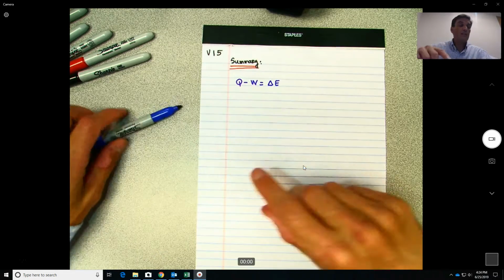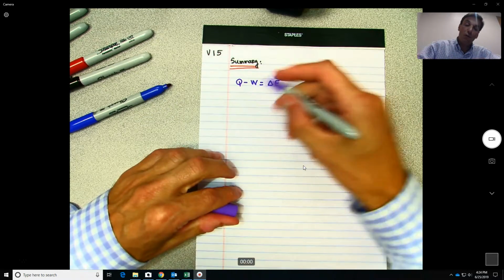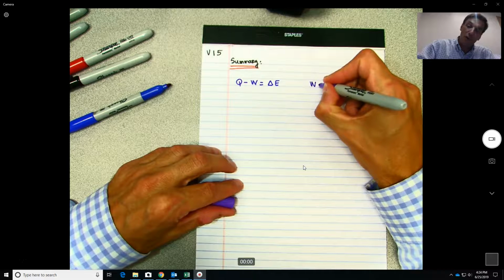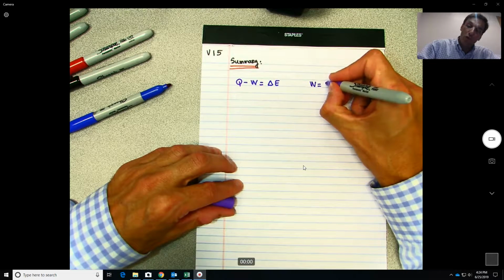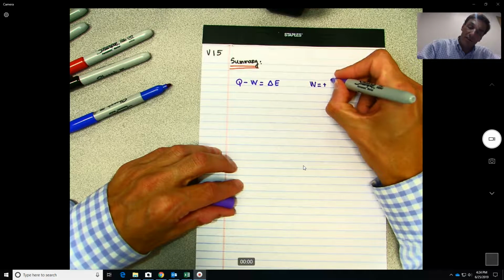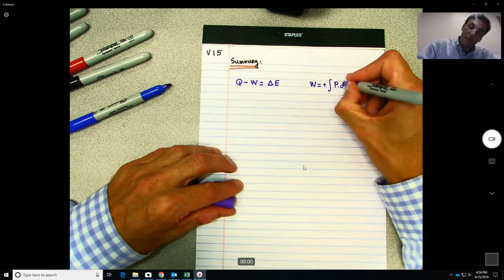In this case, the definition you have for the work done by pressure, generally will be work done by pressure will be equal to plus P dV.